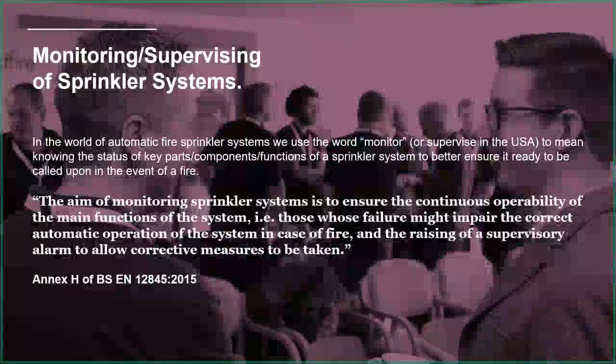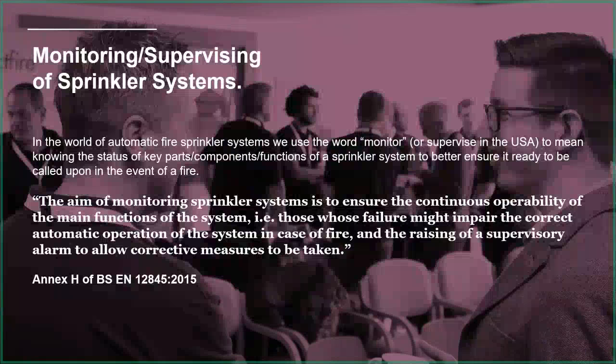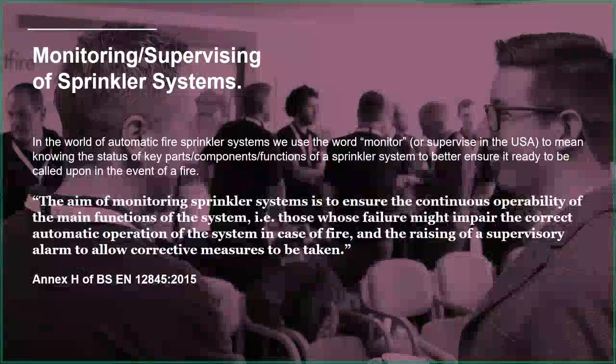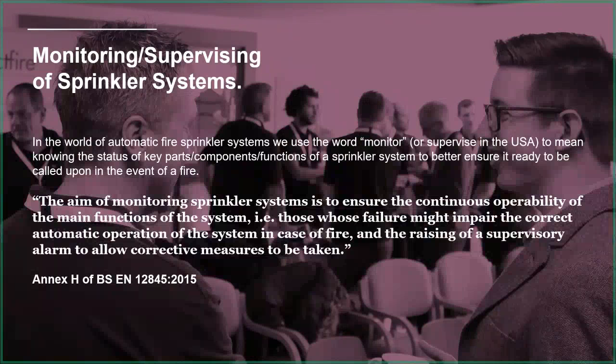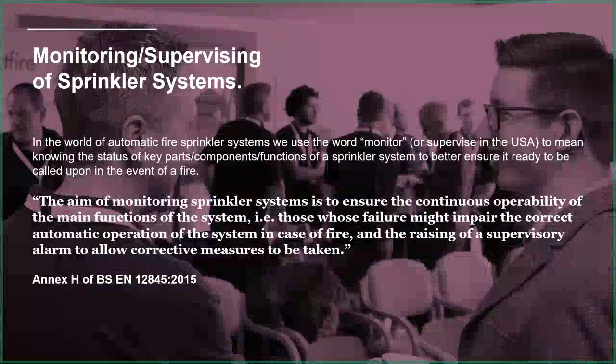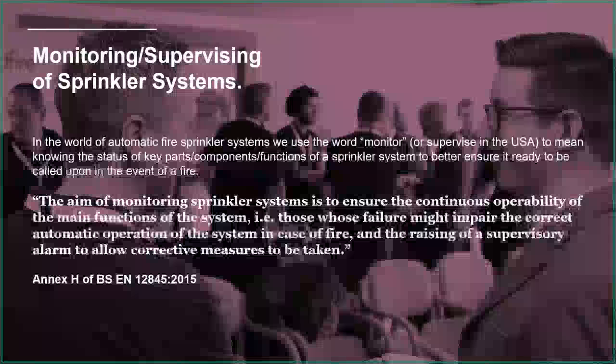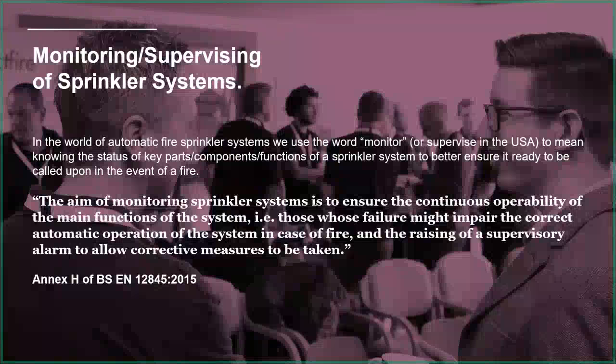There are obviously tests that need to be done on a weekly, monthly, annual basis, and we've got other sprinkler talks which talk about that. I think it's 23 and 24. So that forms part of this checking procedure. But in between that, we have our supervising or monitoring systems tell us if something is going wrong.